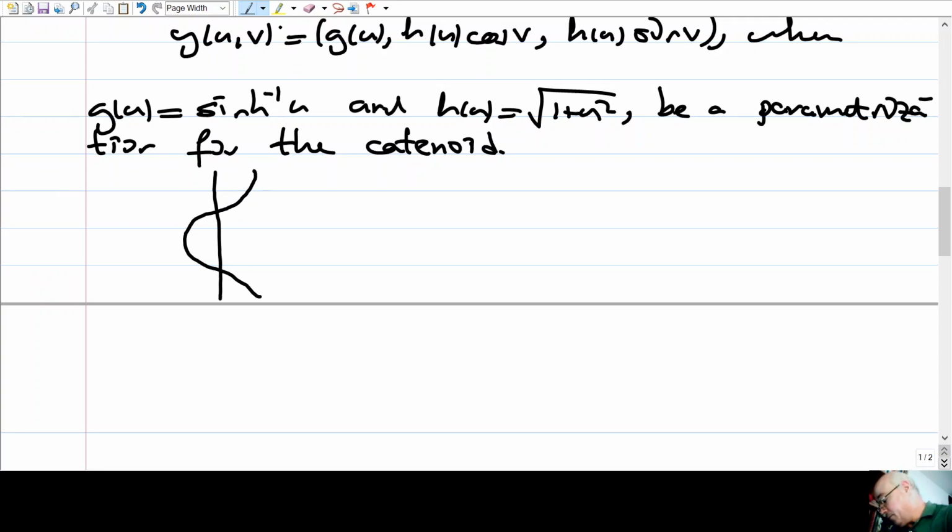Okay, this is the helicoid, and this is the catenoid. So here is, okay, like this.